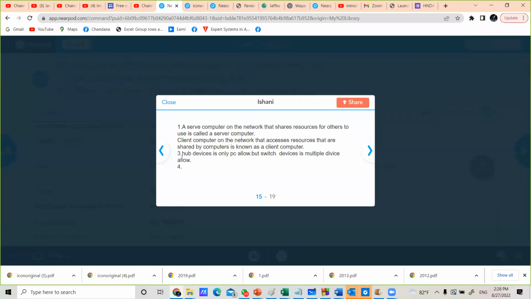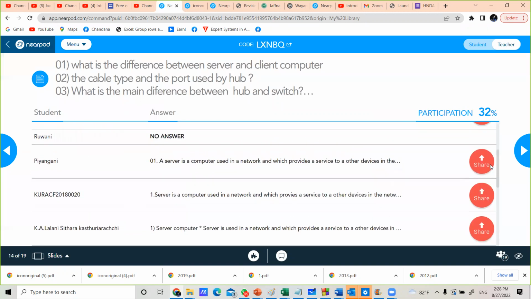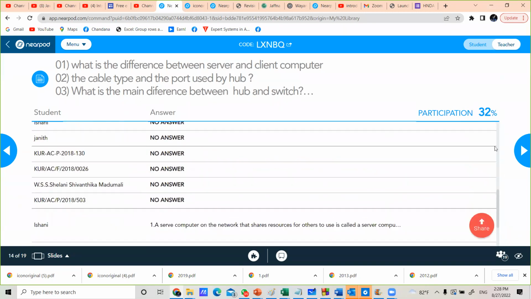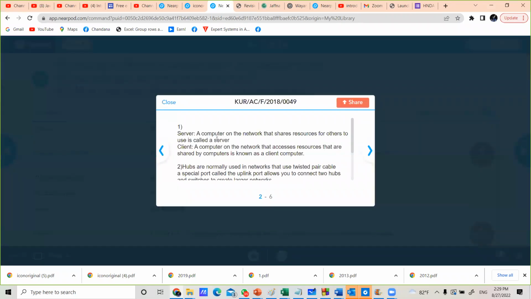Then question number 3. Hub device is only PC allow, but switch, that's wrong. I think that's not the answer. However, only 3 or 5 students are giving answers here. Server computer: a computer on the network that shares resources; client: a computer on the network that accesses resources.